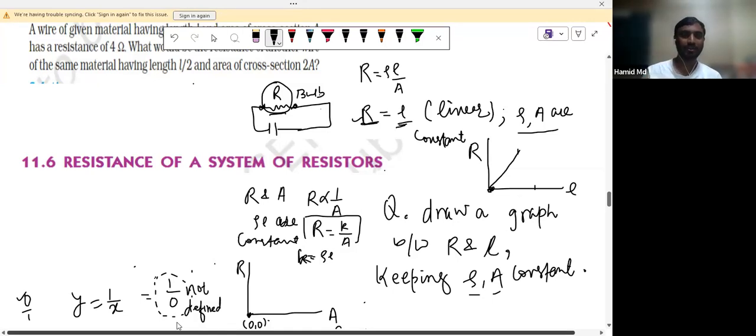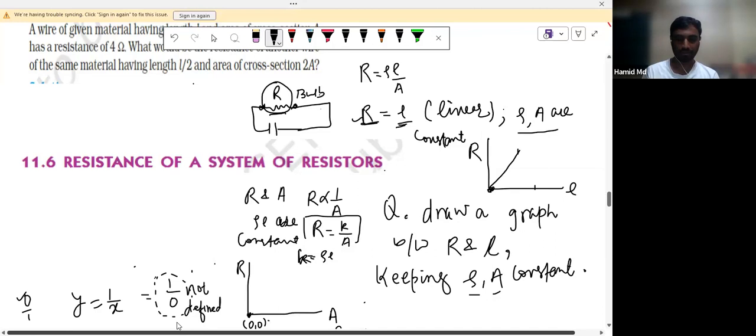Do you have calculators? Yes, sir. I have one. Just give the command 1 by 0. Even the math calculator will throw a syntax error.